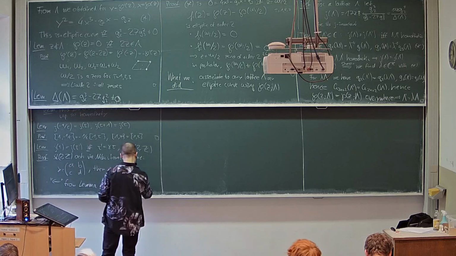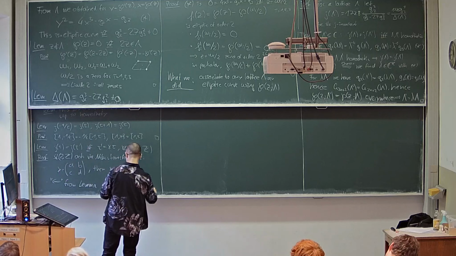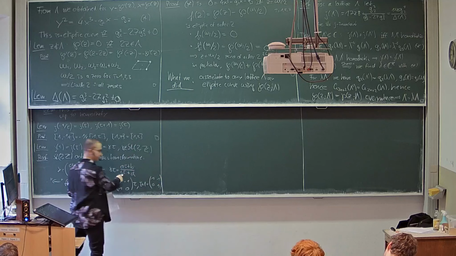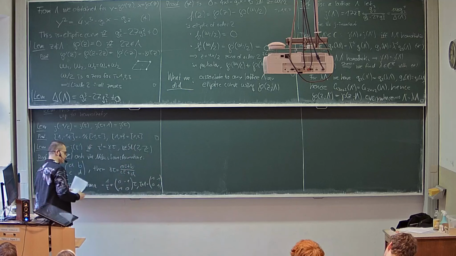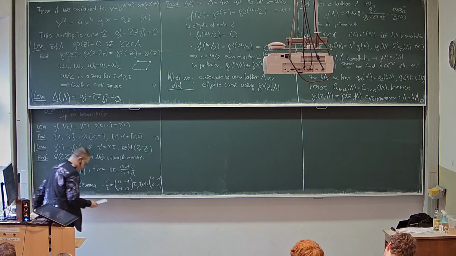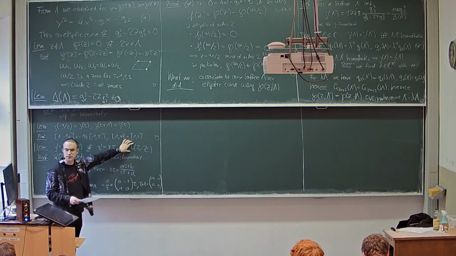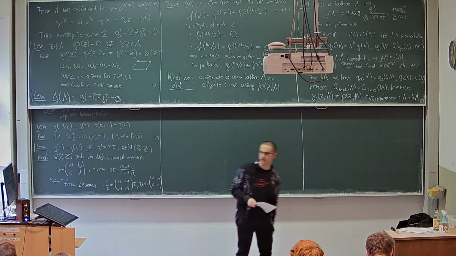And similarly, you can realize translating by 1 using the matrix 1, 1, 0, 1. Now I will not prove this. It's not too hard to see, especially viewing this as discrete Möbius transformations, that these two generate the whole group SL2Z.